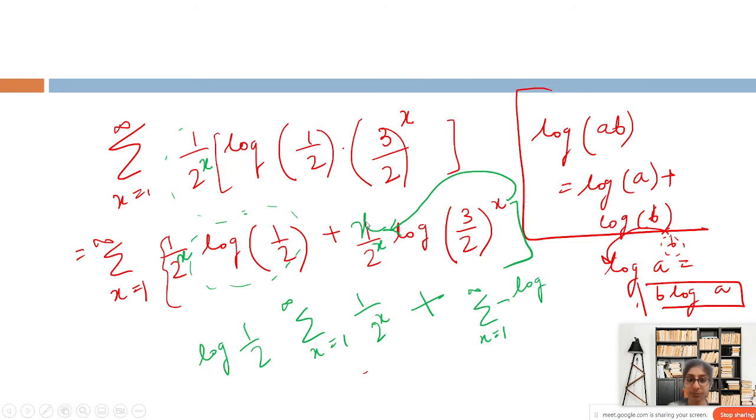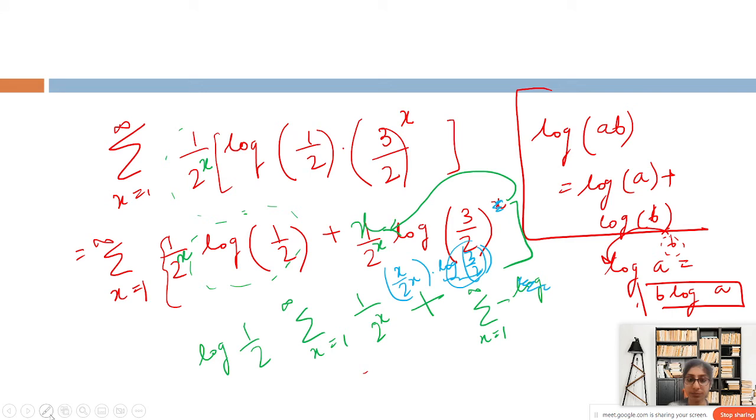So I'll rewrite this term for better understanding. What it becomes in the middle is x upon 2 to the power x into log of 3 by 2.